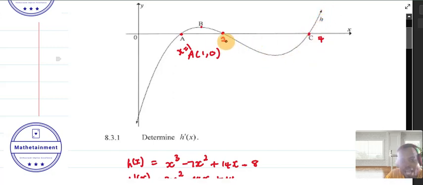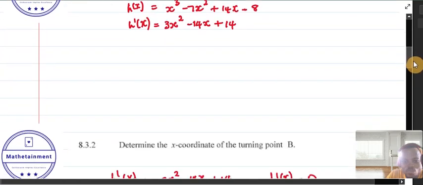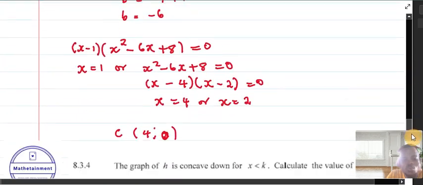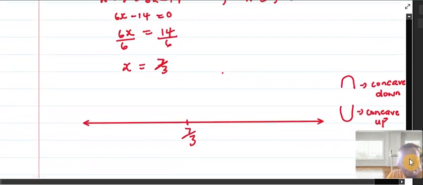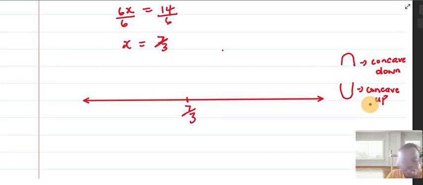So I have to find values of x where my graph is concave down. In this scenario, concave down gives a negative value, and concave up gives a positive value. So whenever you plug in a value, it's either less than this one or greater than this one. That's how you see whether at this point it is turning concave up or concave down.